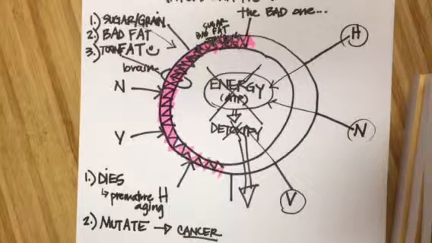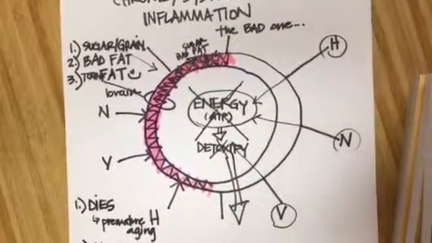We are left with cells that cannot produce energy, cannot detoxify. We cannot lose weight. We have low energy, brain fog, we don't feel great, and this is the process of chronic systemic cellular inflammation.